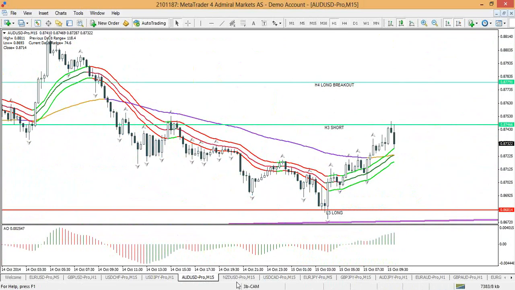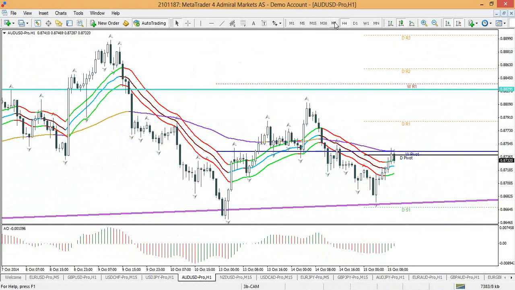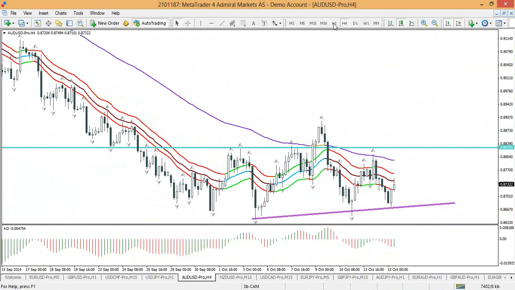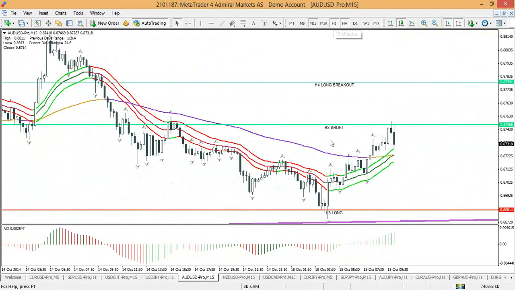Darshan says strong correction on the Aussie. Let's see, it was a very big sideways move indeed. It's now between L3 and H3.